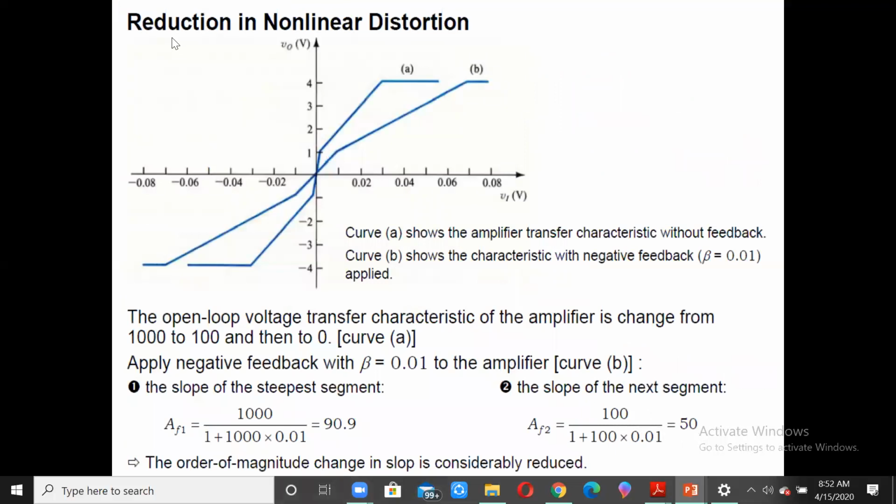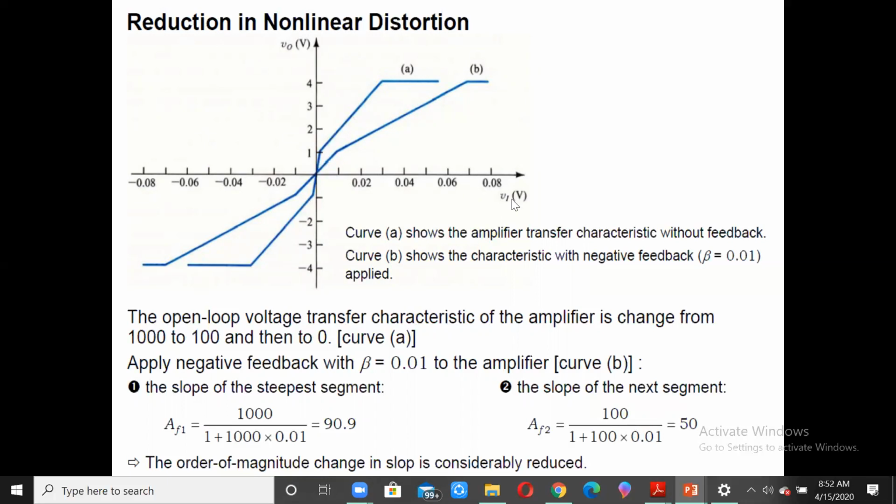Another very important property of negative feedback is the reduction in nonlinear distortion. Here we are considering the transfer characteristic of the amplifier before feedback. The transfer characteristic just means output versus input.